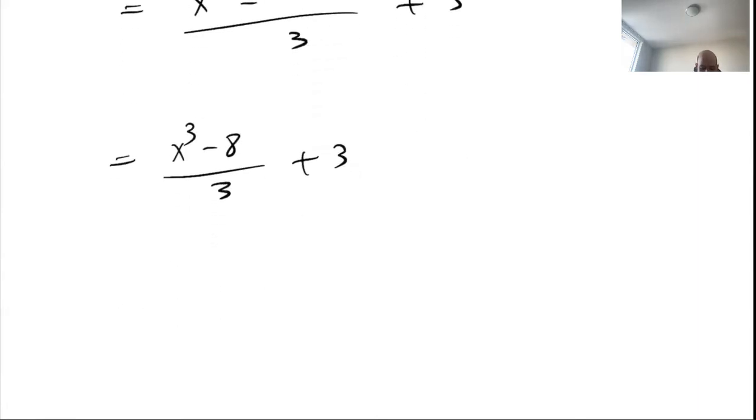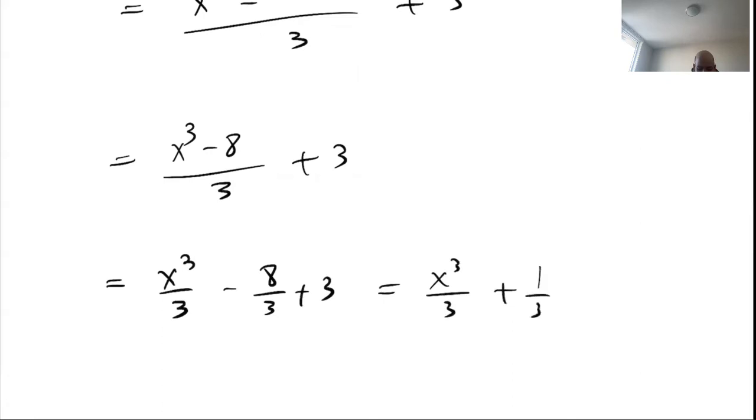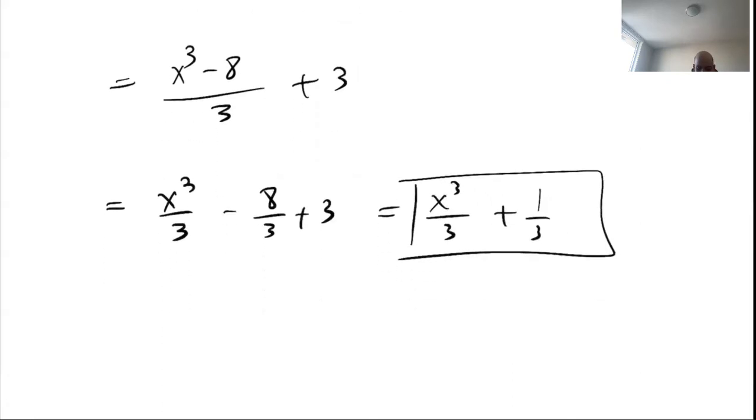If we simplify this, we can write it as x cubed over 3 minus 8 over 3 plus 3. And this can be written as x cubed over 3 plus 1 over 3. So this is our final answer. This is the solution of our ODE, or our initial value problem.